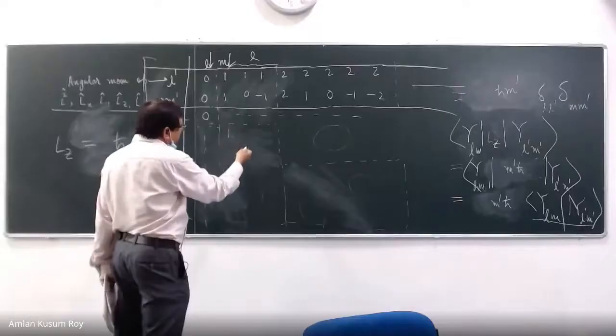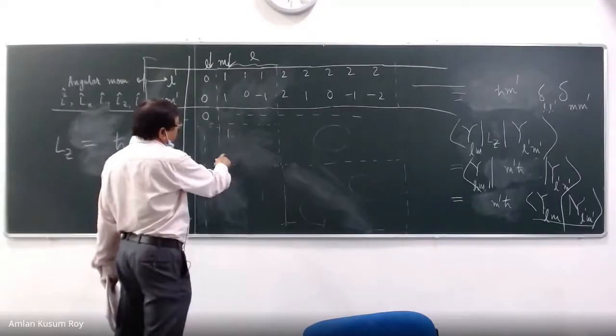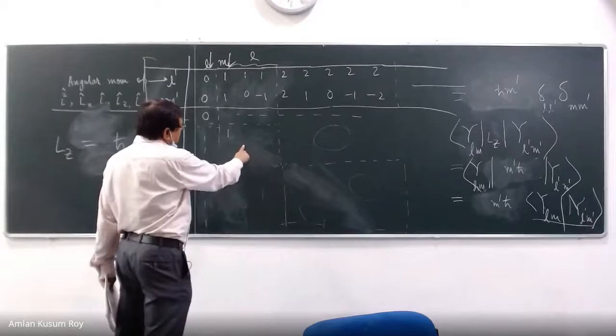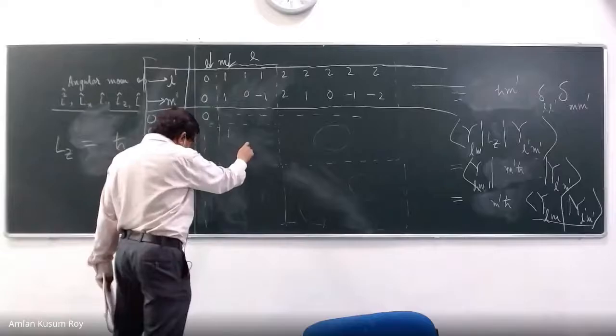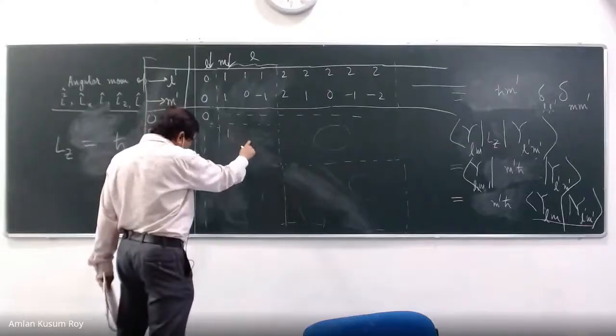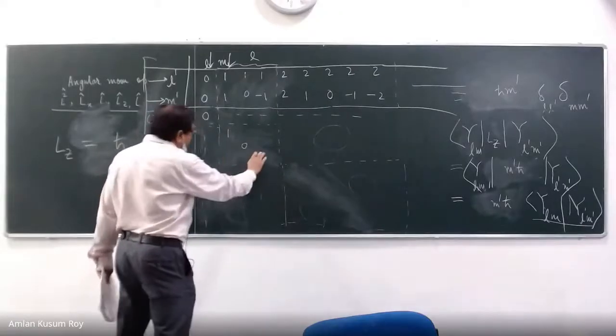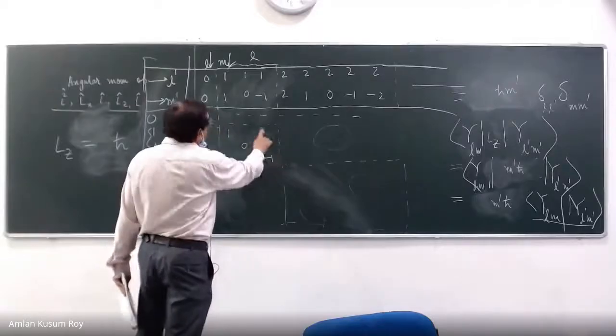Then where should be my next important element? Here? What should be here? 0, because ML is also 0 over there. Very good. So 0 into H cross is 0. What is this? Minus 1, minus 1 into H cross.